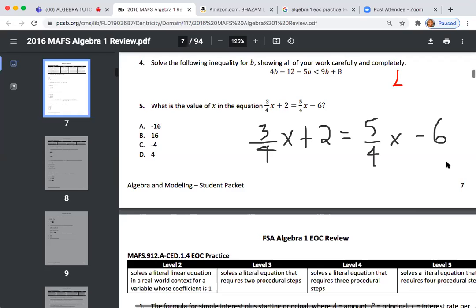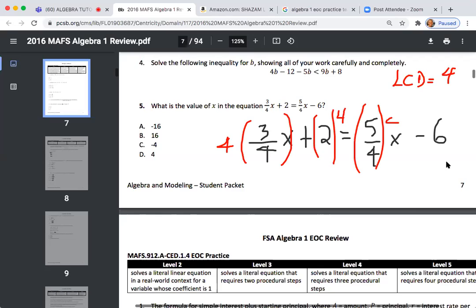But normally I would tell you to find the LCD, the lowest common denominator. In this case, since the denominators are the same for both fractions, the LCD is going to be 4. And then you want to multiply every single term of the problem by 4.